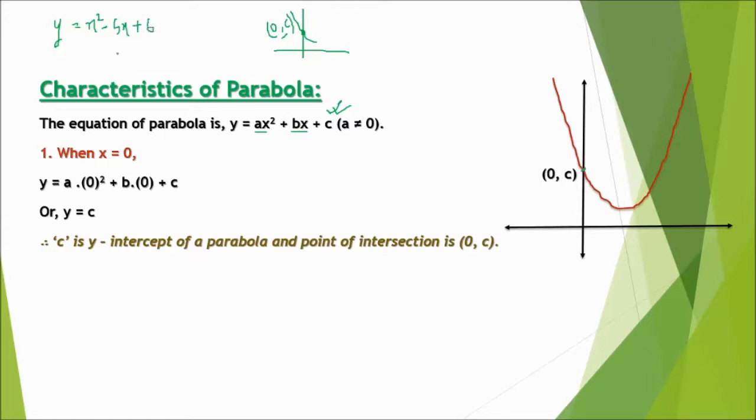The question may be asked, find the y-intercept of the given quadratic function graph. Then the value of c is always the y-intercept, isn't it? So you can directly write 6 from here. You don't have to substitute the value of x as 0 and do all those steps, because we know the result. The constant c is the y-intercept, so we can write it directly.